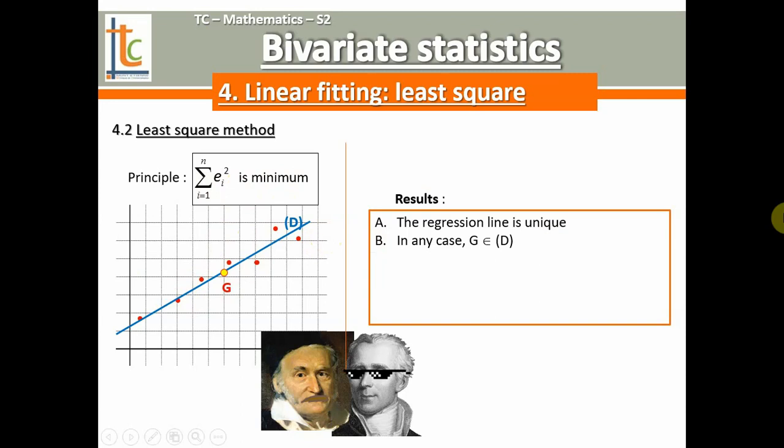What is G? G is the point whose coordinates are x bar and y bar. So the center of the cloud.